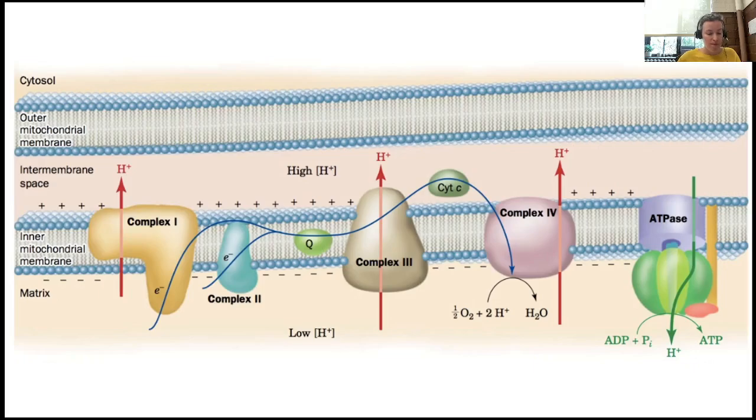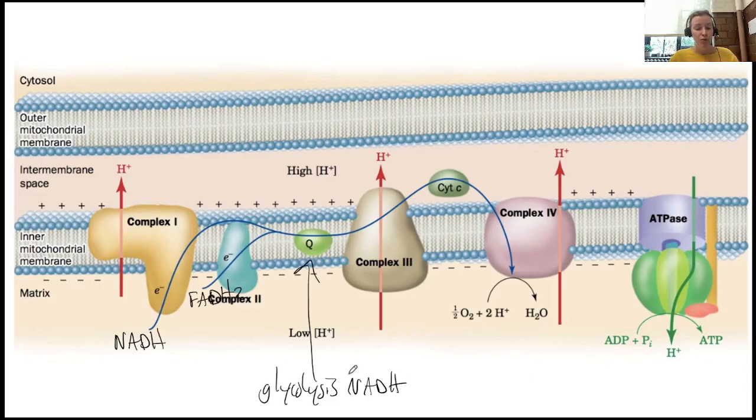Last time we were together, we saw how electrons moving through the electron transport chain, either from NADH or through FADH2 or through glycolysis, NADH, end up moving through the electron transport chain. The movement of these electrons results in protons being pumped across the membrane.